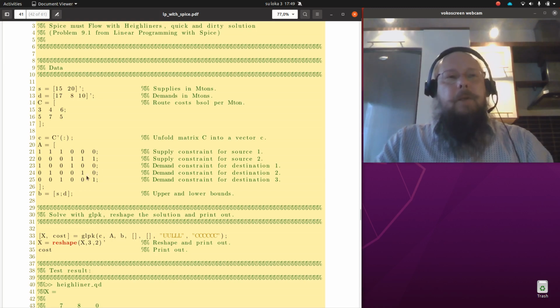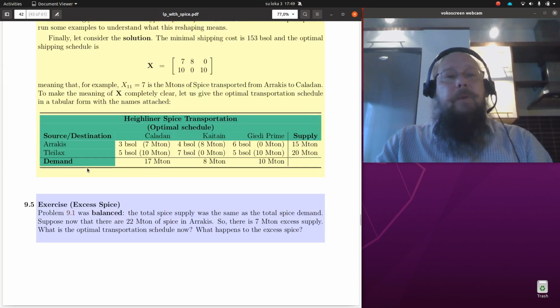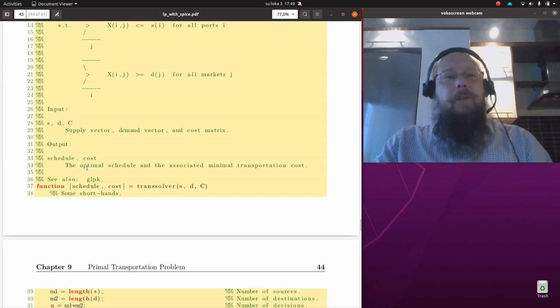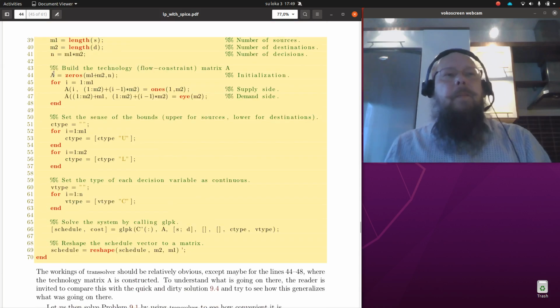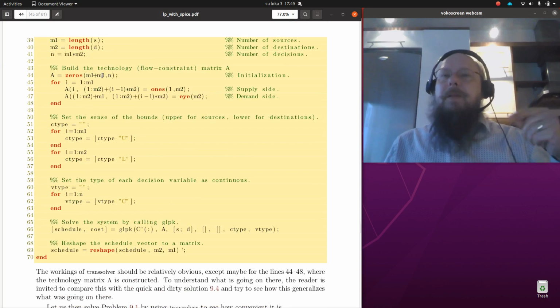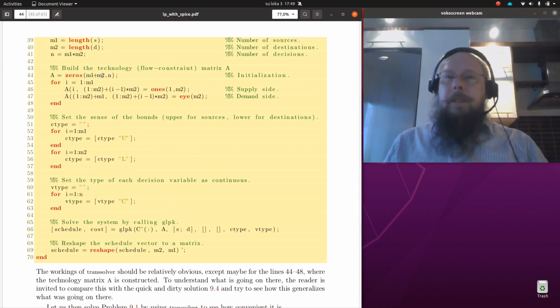So I start with, okay, there is a certain amount of ones, but most of them are zeros. So I figure out first what are the correct dimensions. So there are m1 plus m2 rows in this A, because the rows are the constraints, and I have m1 supply constraints and m2 demand constraints.